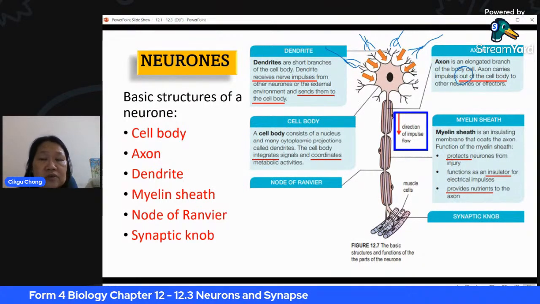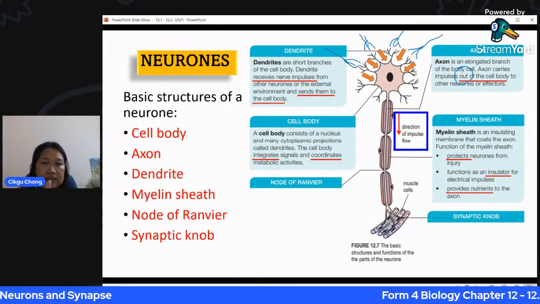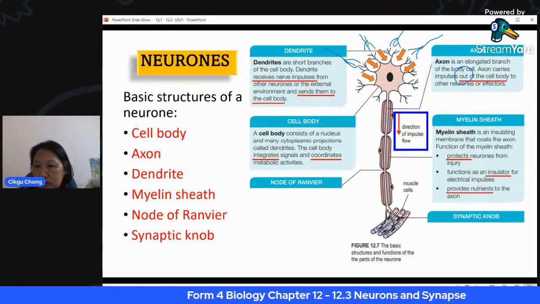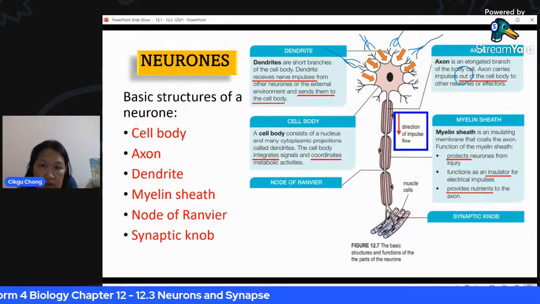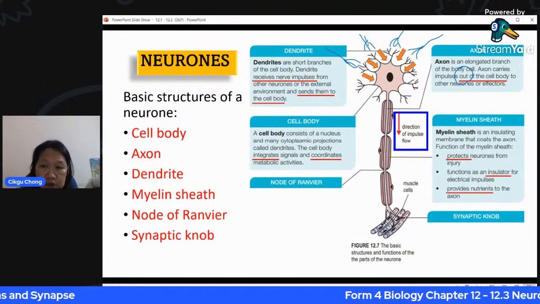So you need to make sure the impulse stays in that particular neuron, so it does not jump out to another neuron. So it's an insulator, and it also provides nutrients to the axon, right? Because these are all living tissues or living cells that require nutrients.